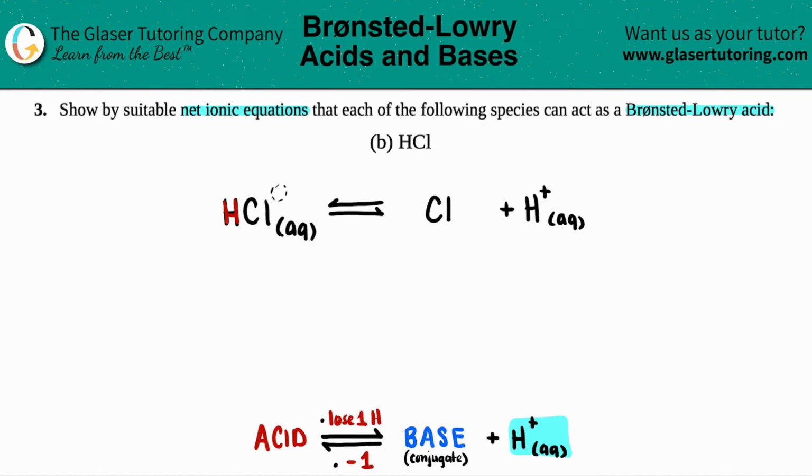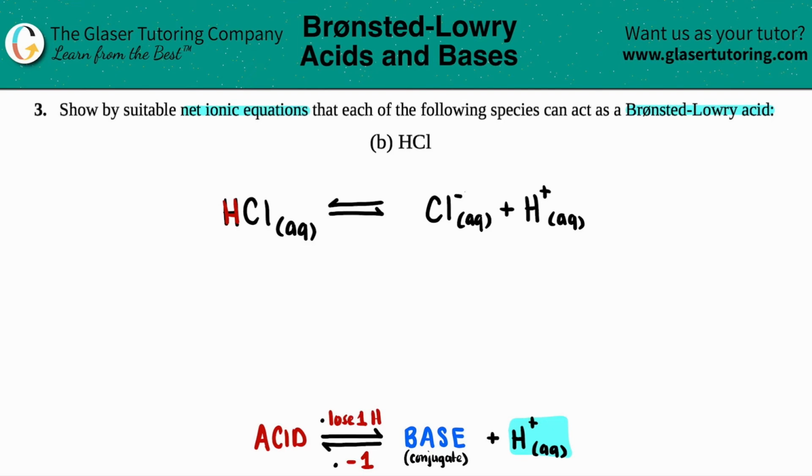So what was that charge? That was a 0. So coming over here, 0 minus 1, because that's what you do when you convert from acid to base, always minus 1. 0 minus 1 is a negative 1. You could say negative, you could say negative 1, that's fine with me. And since we're dealing with acids and bases, that's chloride with an aq.